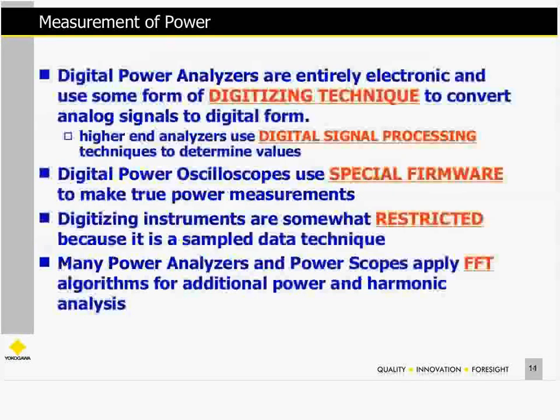In most of our digital power analyzers today, they're entirely electronic. They use digitizing techniques to convert the analog signals to a digital form, and we use digital signal processing internally to do all the calculations. Now, in a digital scope for true power measurements, there's special firmware in the scope to make these true calculations, so we're not multiplying just one channel times another.